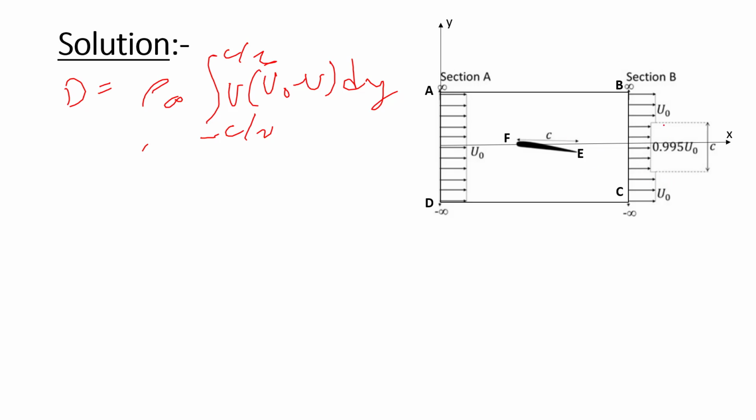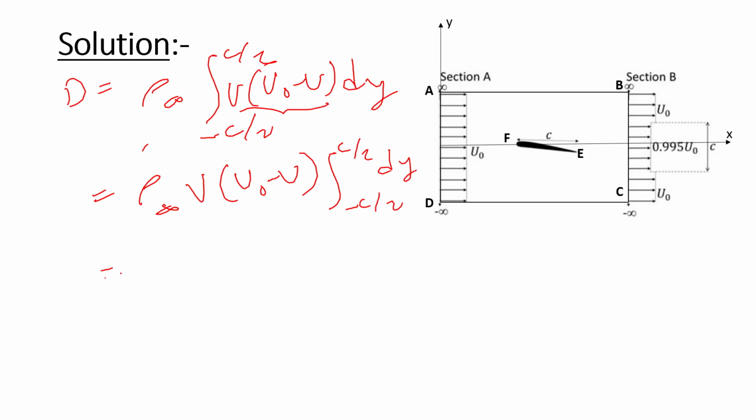As in minus c/2 to c/2 u is constant, so all this term will be constant in y direction, so it will become rho infinity u (u naught minus u) integration minus c/2 to c/2 dy, which will become rho infinity u c (u naught minus u).